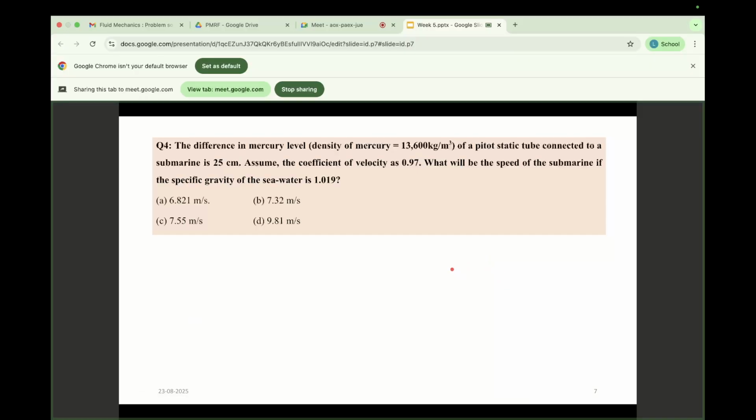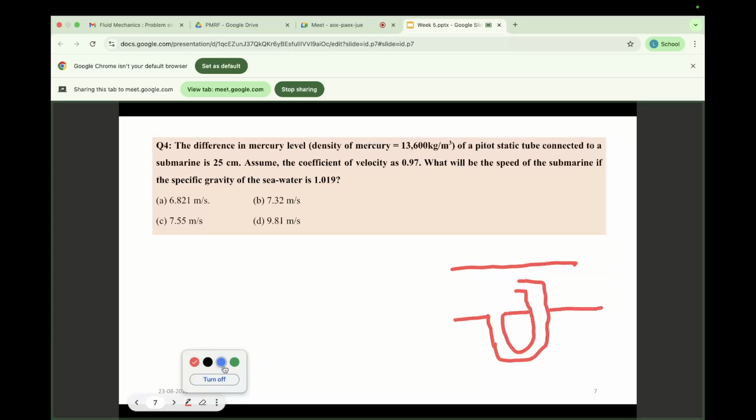Basically, water is flowing in this way.